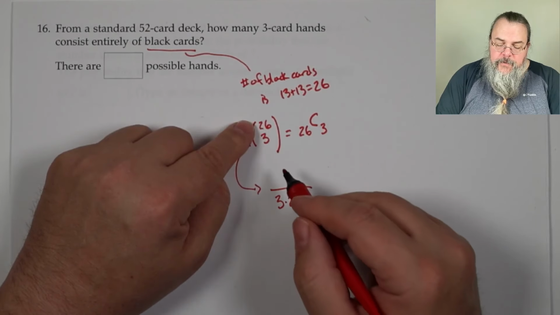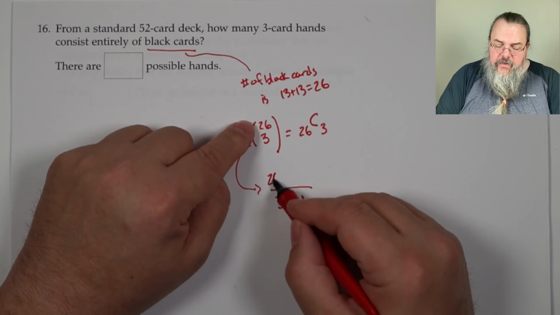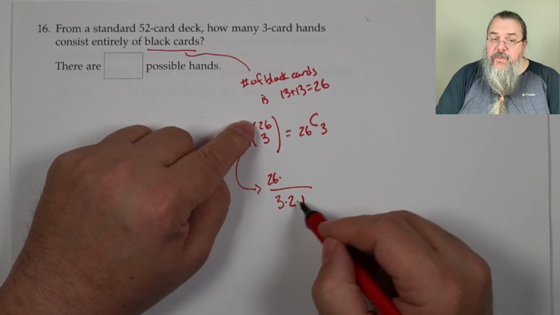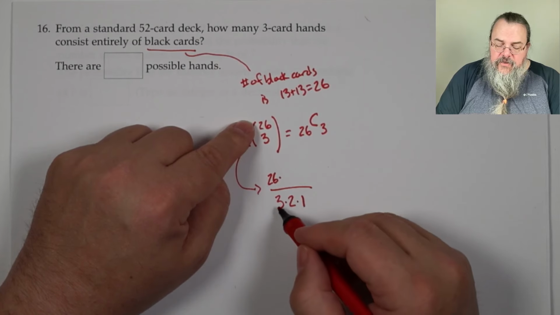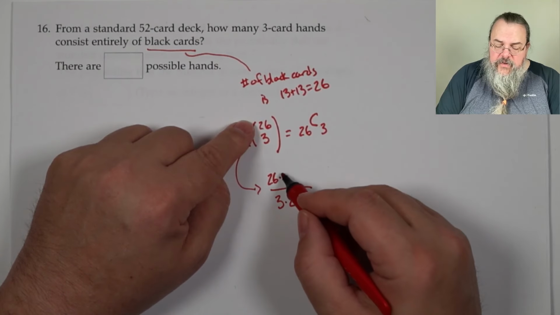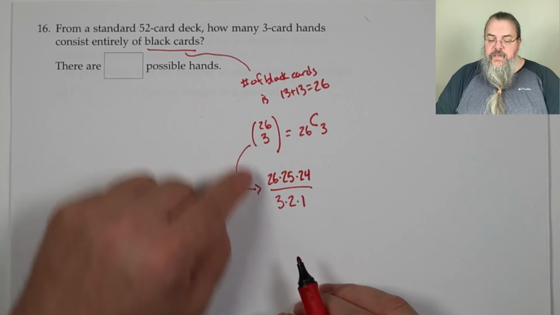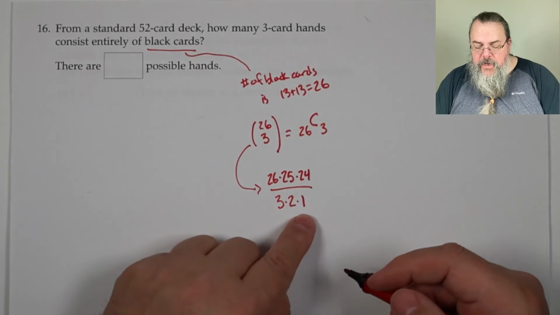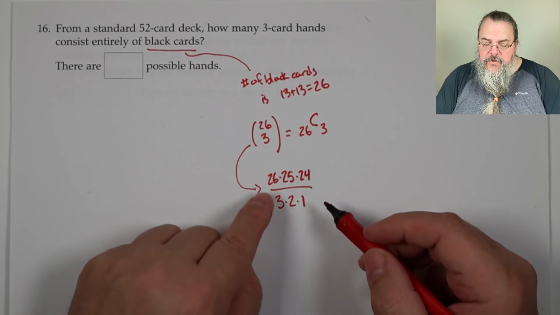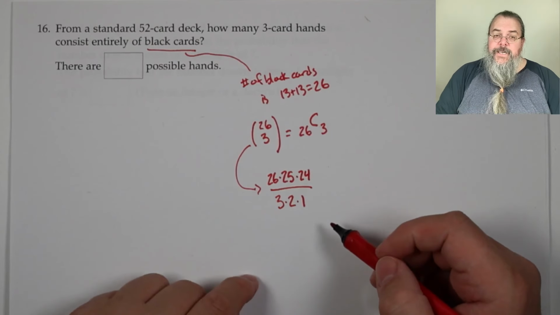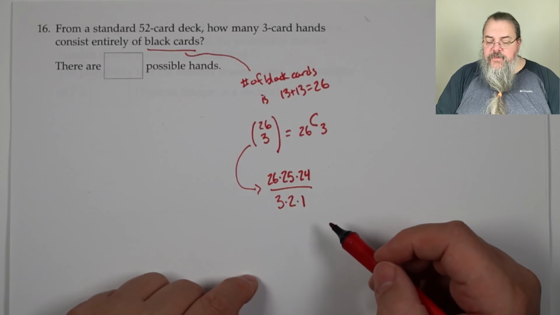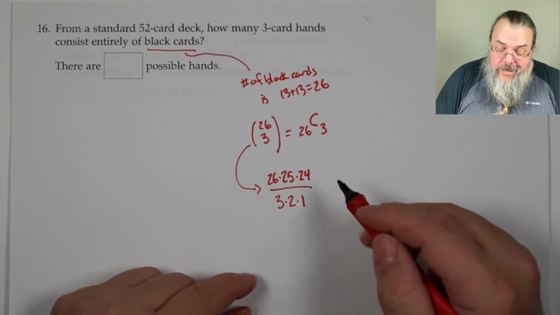Upstairs, start with the first number. It's 26. And again, you're going to multiply 3 numbers, but instead of starting at 3 and going down to 1, you start at 26. So that becomes 26, 25, 24. And at that point, you say, well, what does that turn out to be?